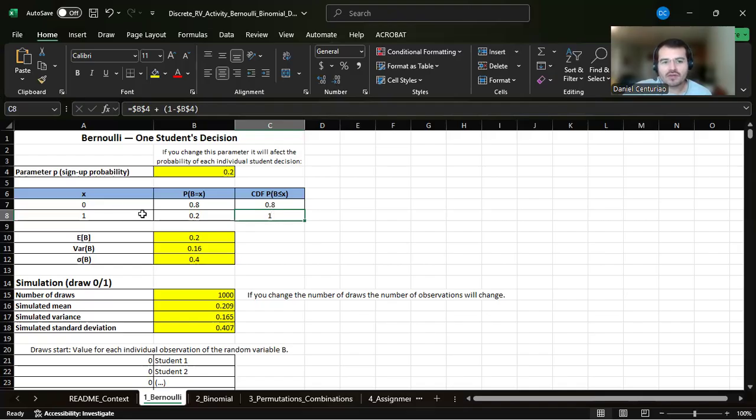In this case, it's a very simple one because we just have two possible outcomes, which is signing up or not signing up, or success and failure. And as you can see here, for example, the probability of signing up is the probability of not signing up plus what is the probability of signing up plus 1 minus the probability of not signing up. Okay, so this is the cumulative version for this specific case.